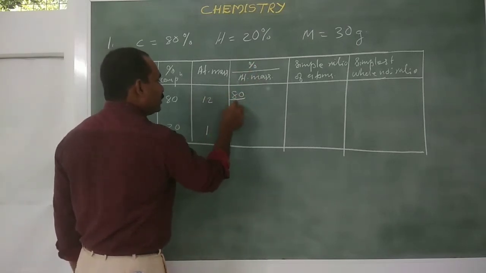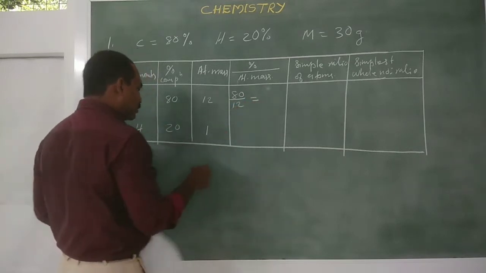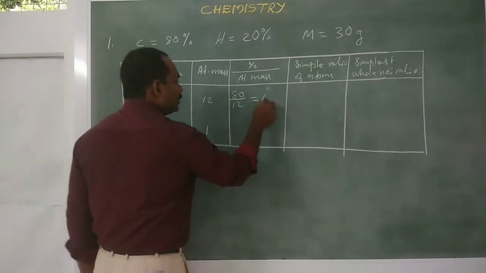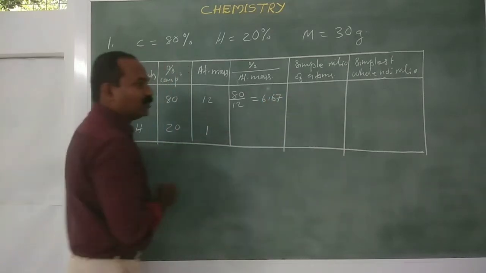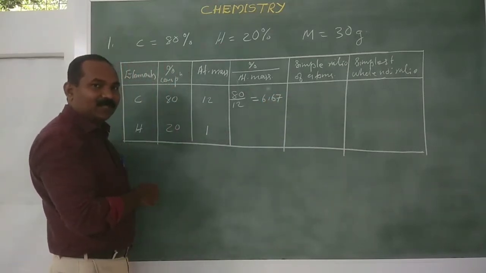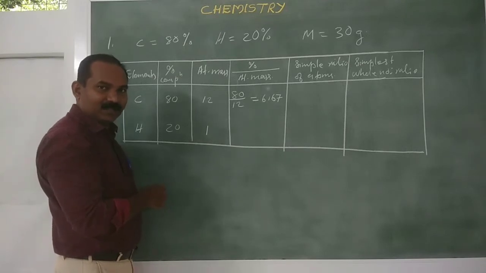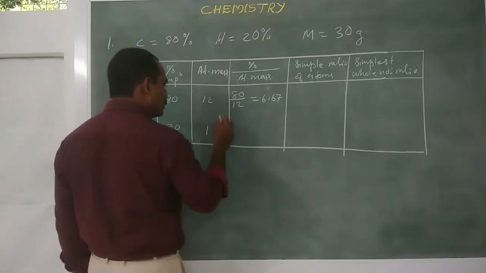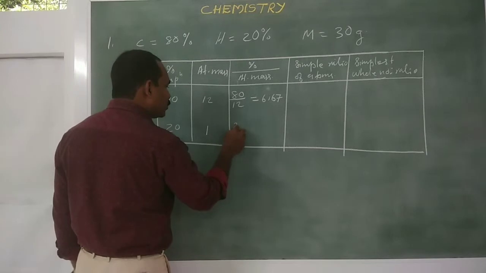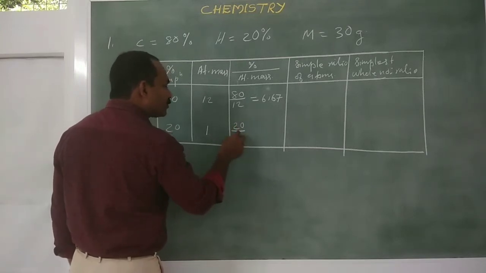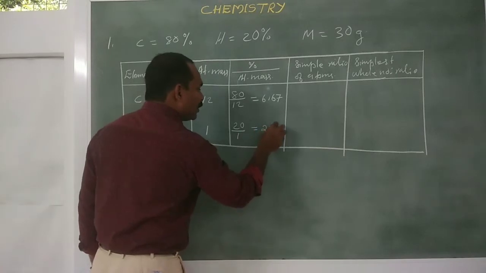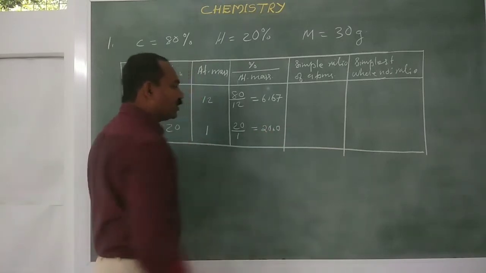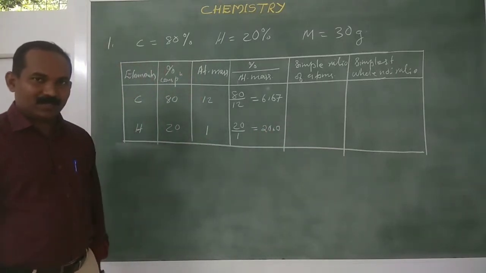80 divided by 12, how much do you get? It is 6.666, so I rounded it to 6.67, 3 significant figures or 2 decimal places. Then 20 divided by 1 is 20.0, or simply 20.